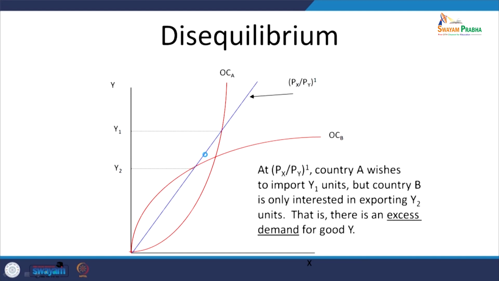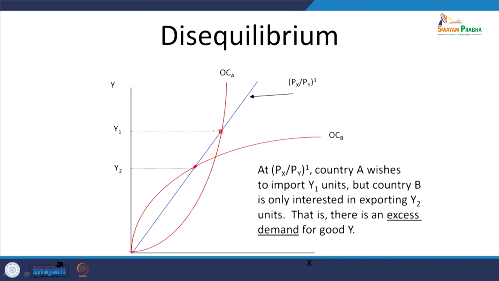Given Px by Py at 1, country 1 wishes to import y1 units, but country B is only interested in exporting y2 units. Why is it so? You can look at the relative prices. The offer curve clearly points out the differences. Here country 1 is willing to take more, whereas country 2 is not ready to export that much. That has led to over demand for good Y.